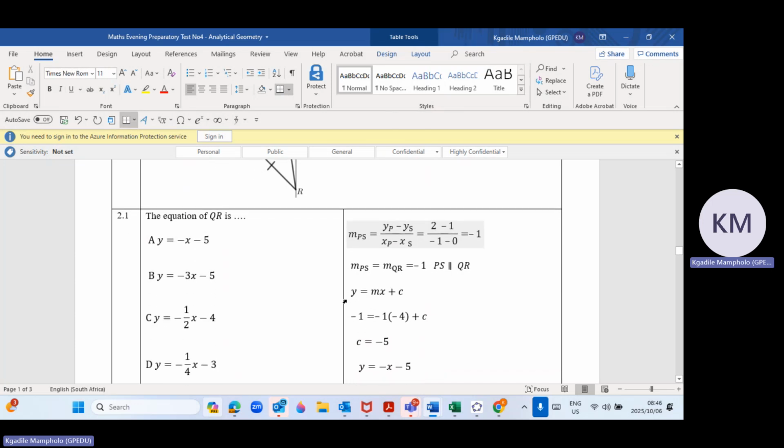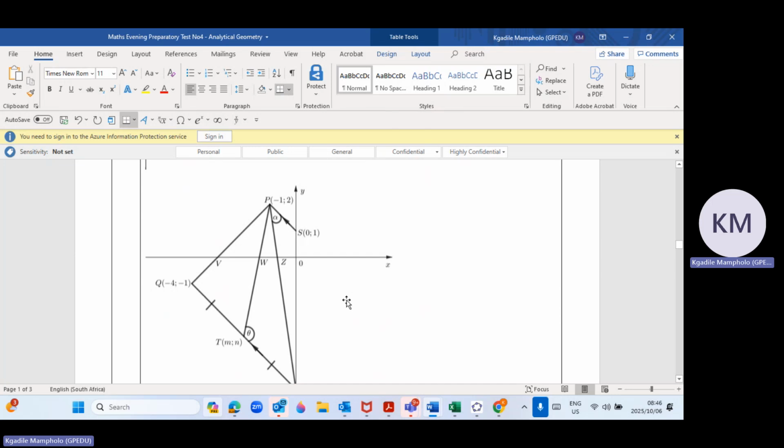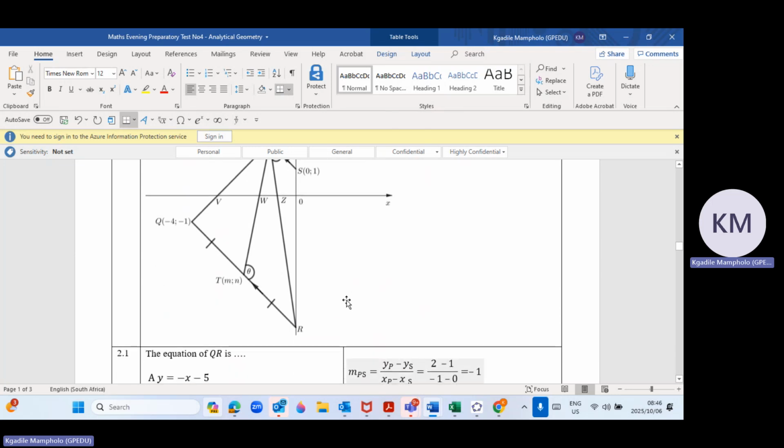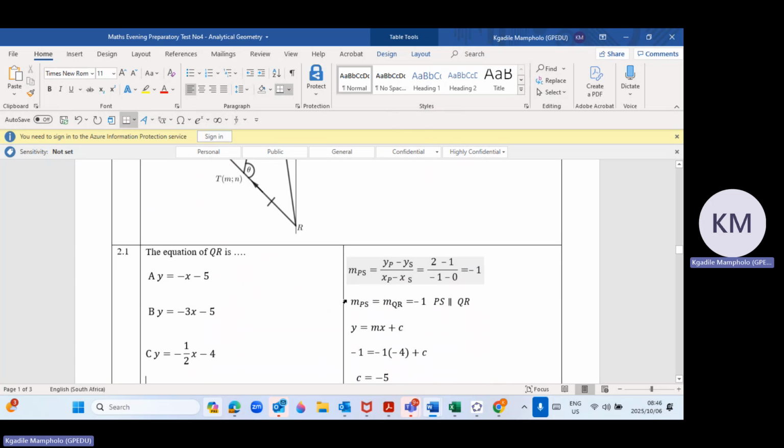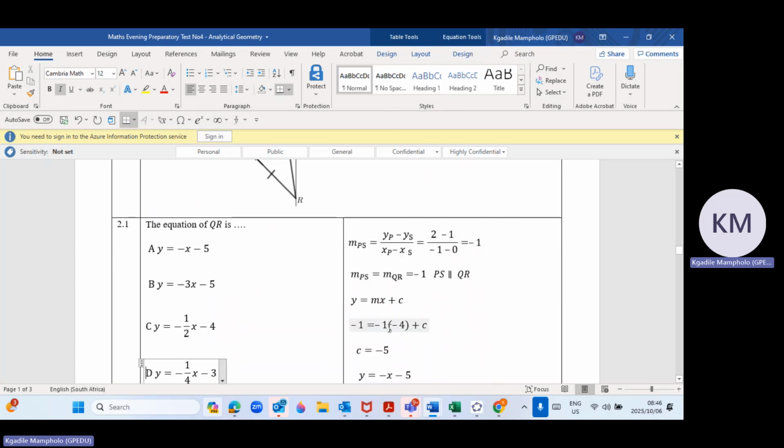Then you go to QR. Since you know the coordinates of Q, you can substitute into y = mx + c to get the value of c. The gradient of QR, which is the same as that of PS, is -1.